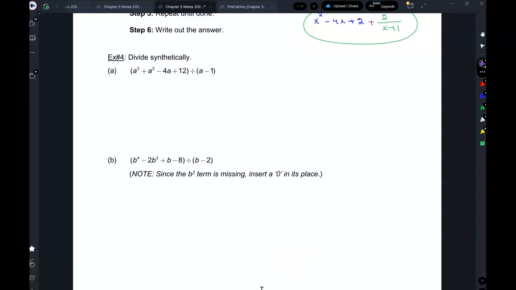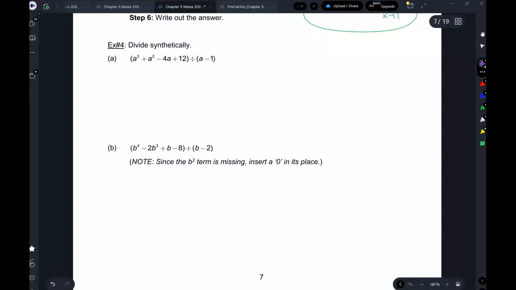All right, let's do another one. So we're going to divide synthetically. Okay, put the chart. Are the exponents there in the right order? 3, 2, 1, 0? Yes. So I put the coefficients 1, 1, -4, 12. What number goes outside? A minus 1 equals 0, A equals 1.